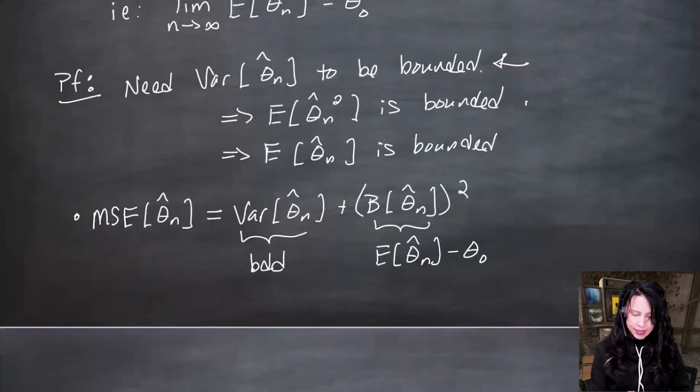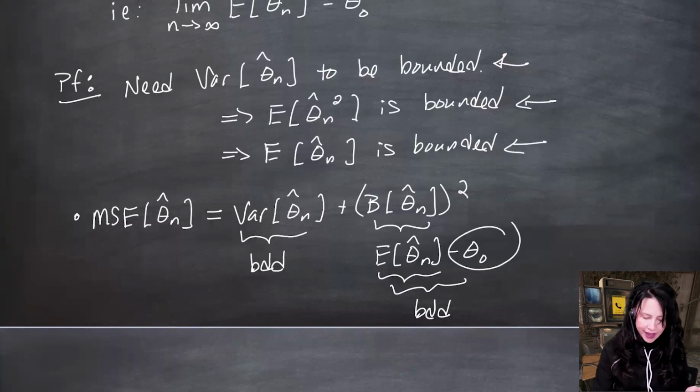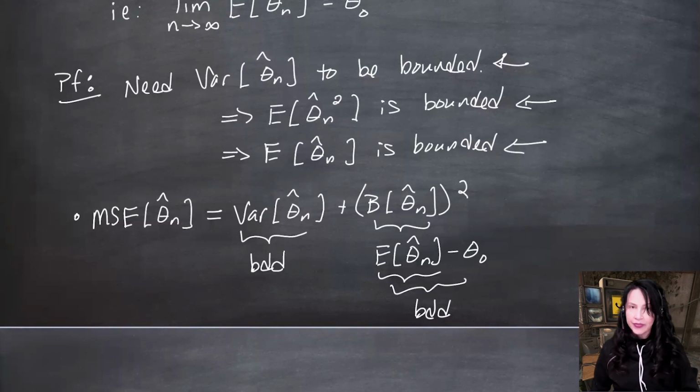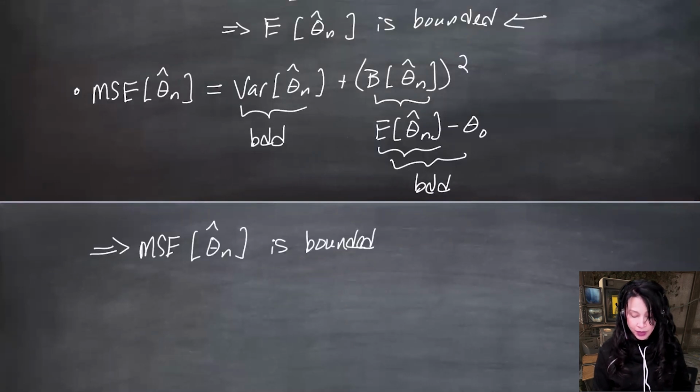Given our sequence of statements up here, this, and therefore this whole thing, is bounded. This would be totally weird and whack, and you wouldn't have data generated from an infinite parameter, so don't worry about that. So if the variance is bounded, that gives us that the bias is bounded, and then looking at this relationship here, this gives us that the MSE is bounded as well.